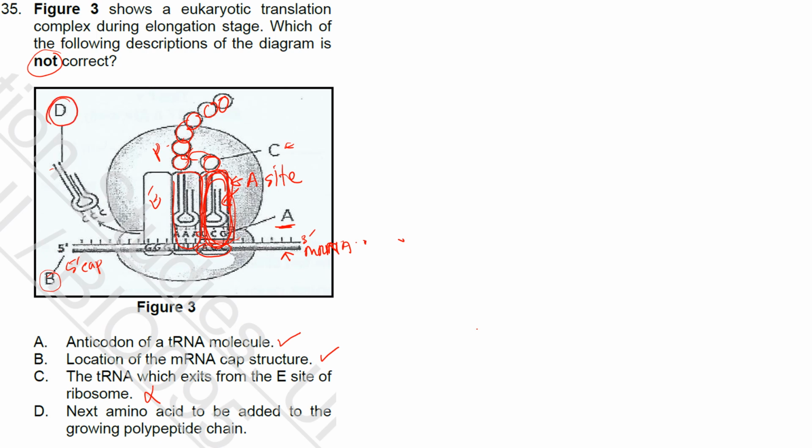D is the tRNA that has transferred its amino acid to the growing polypeptide chain, and it exits the ribosome through the E site. So actually both statements C and D are incorrect. They are swapped. D should be the tRNA which exits from the E site of the ribosome, and C should be the next amino acid to be added to the growing polypeptide chain.